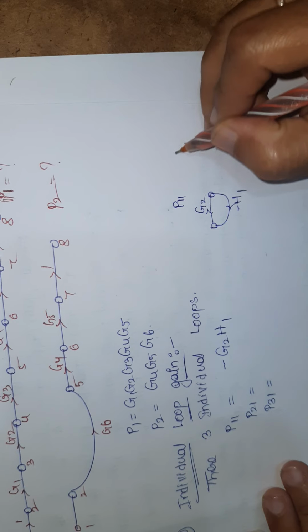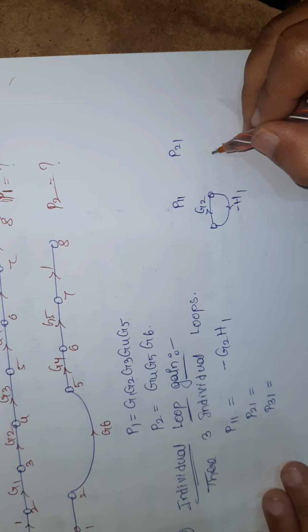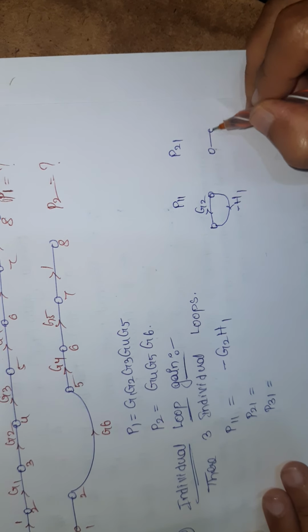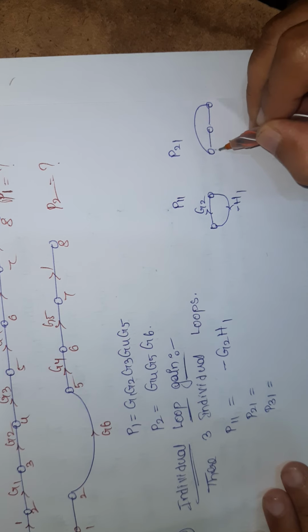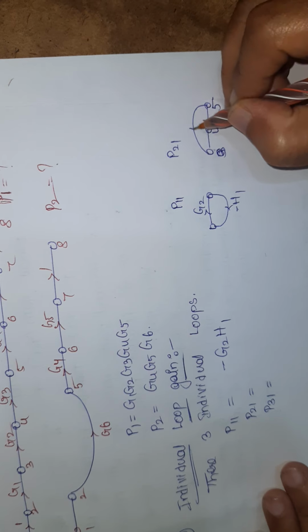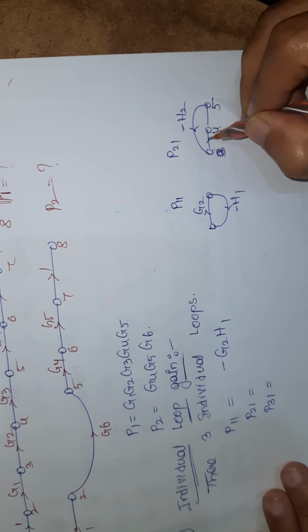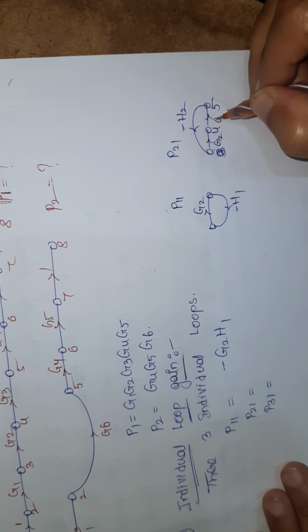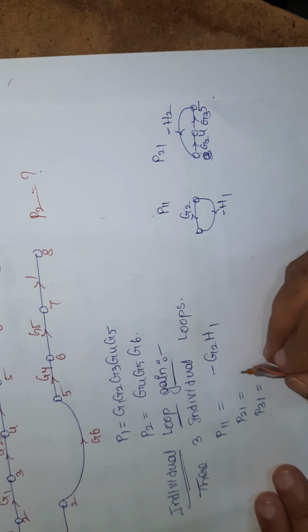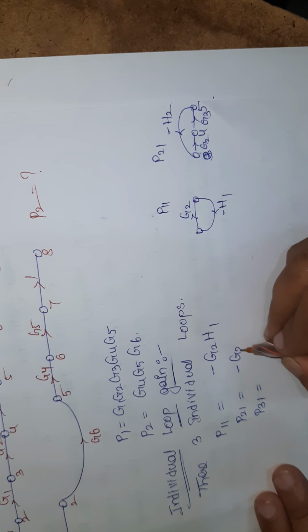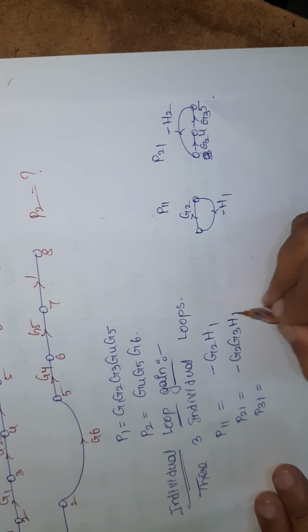This is P11. Next, P21 is from the third node, fourth node, fifth node: minus H2, G2, G3. So the gain is equal to minus G2, G3, H2.